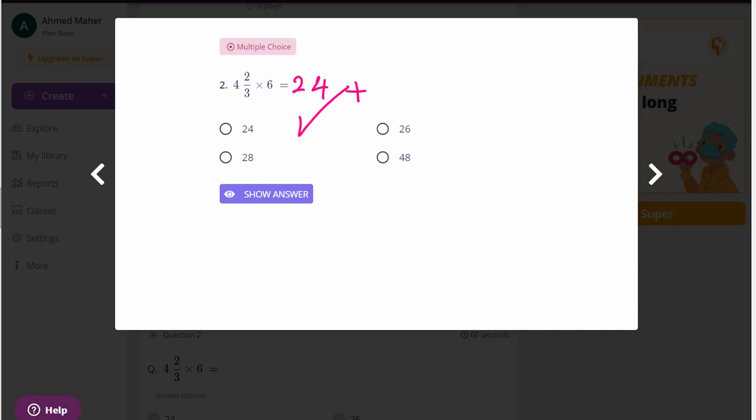Okay, 2/3 times 6. 2 times 6, multiply by 2, yes, so it's 12. 12 divided by 3 equals 4. So it's 24 plus 4, which equals 28.